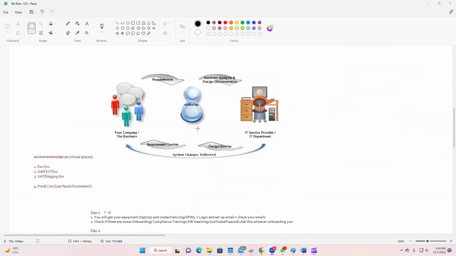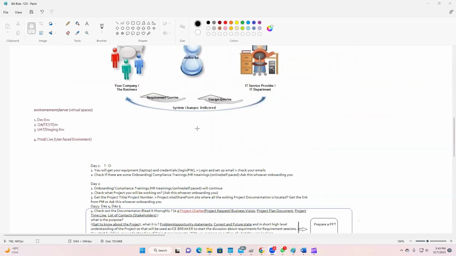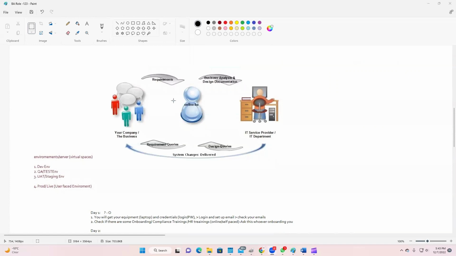We discussed how the BA starts the work. First, we discussed the role, how they act as a liaison between the business operation folks and IT operation folks.